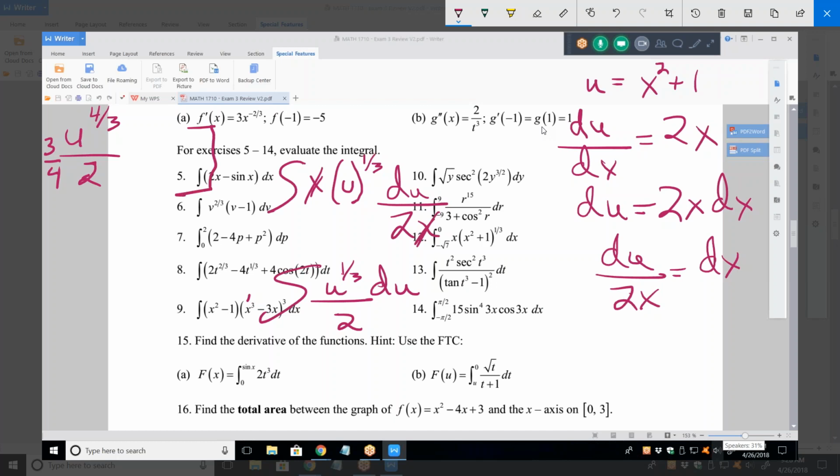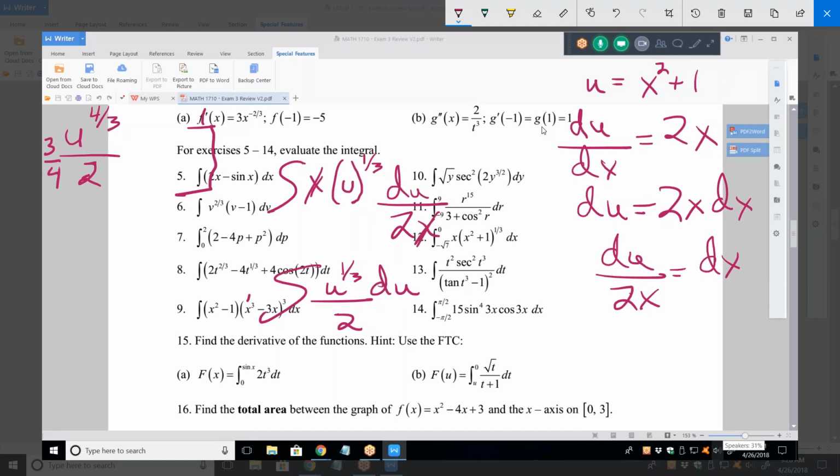But I have to figure out what these new limits are. In other words, what is u when x is 0? Tell me what u is when x is 0. 1. Okay, so that's the upper limit of integration.